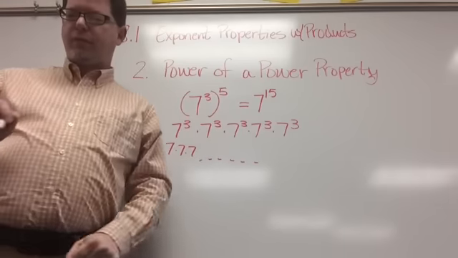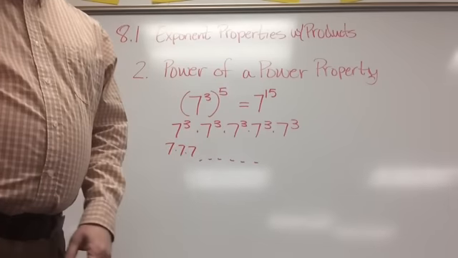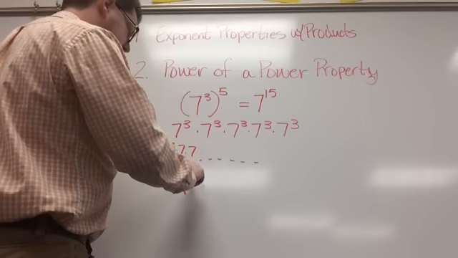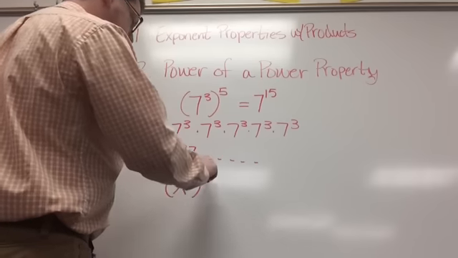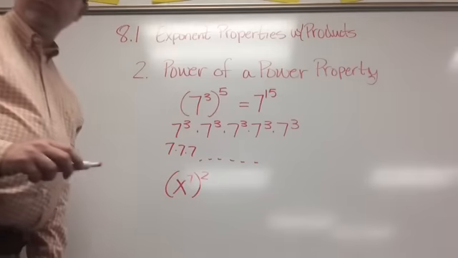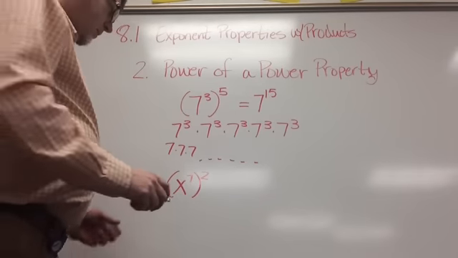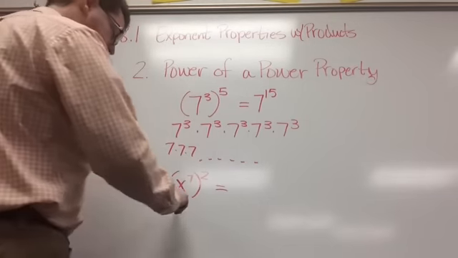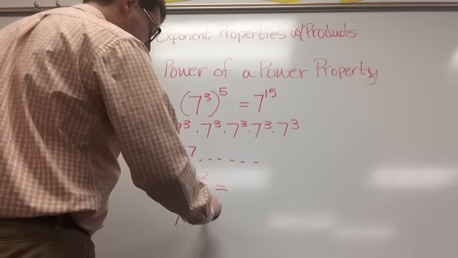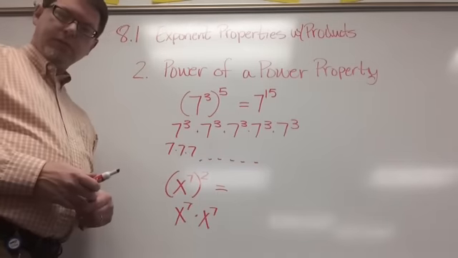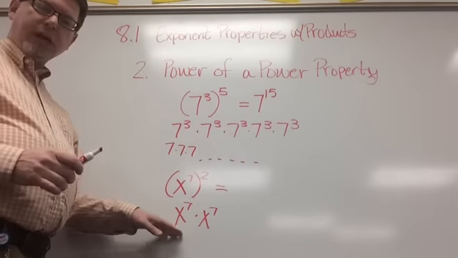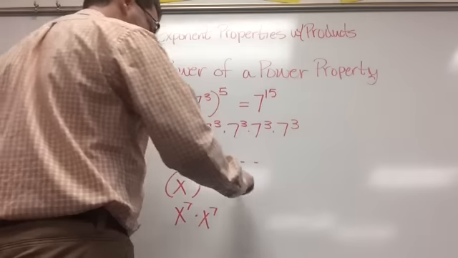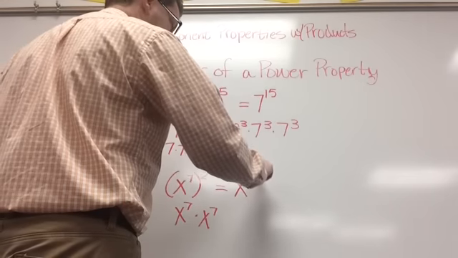Let's look at one more example before we try to come up with a rule. What about x to the 7th power squared? What would that equal? x to the 7th power squared would be x to the 7th times x to the 7th, and then I would write out x 7 times and x 7 more times, and that would give me x to the 14th.